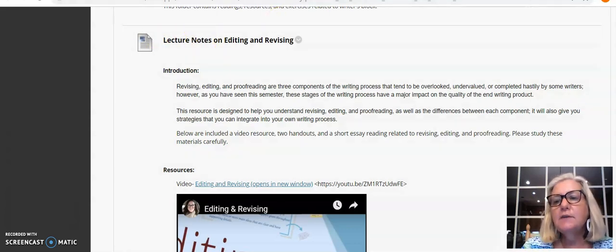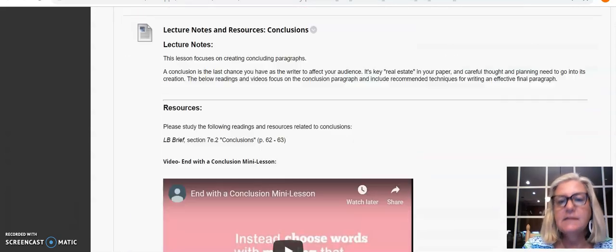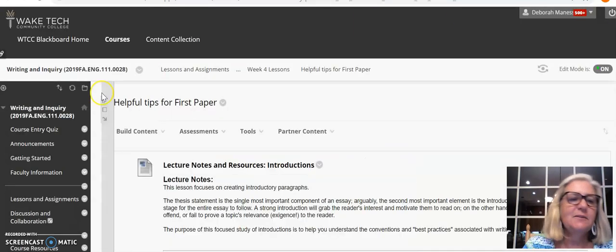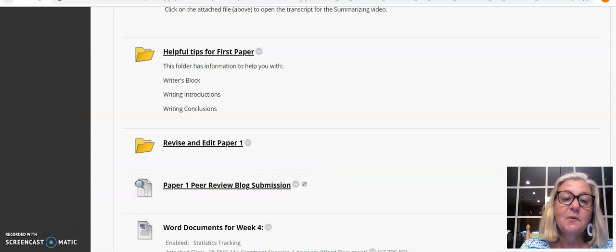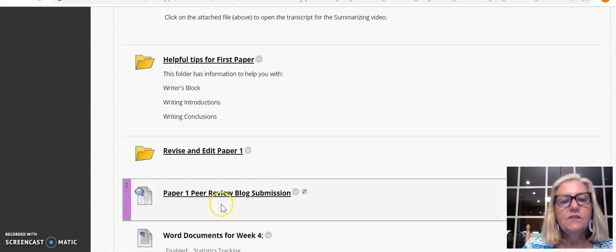So the 2 big objectives for this week are to review fragments, make sure we don't have any of those in the paper, and to draft the first copy of paper 1. Once you've drafted the paper, the Paper 1 peer review blog submission is where you will post that paper.